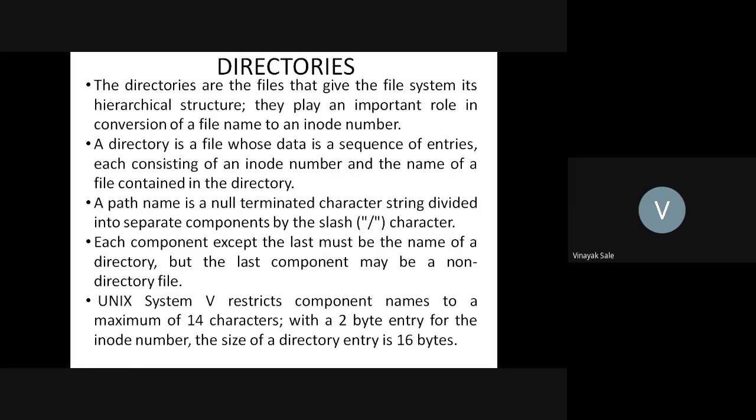Then we are going to study directories. Directories are the files that give the file system its hierarchical structure. They play a vital, important role in the conversion of a file name to an inode number.